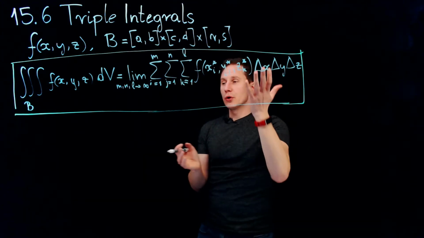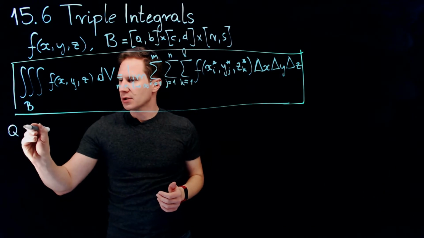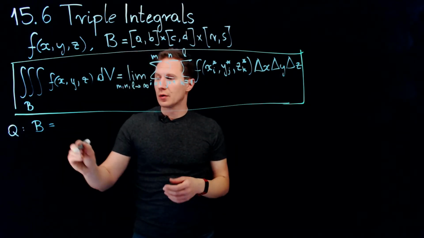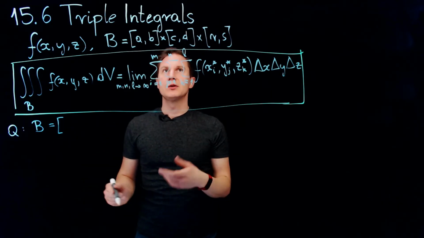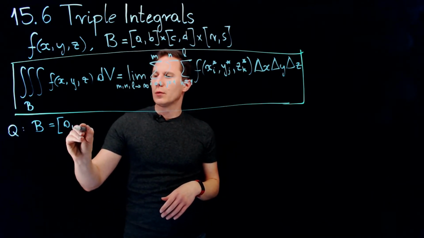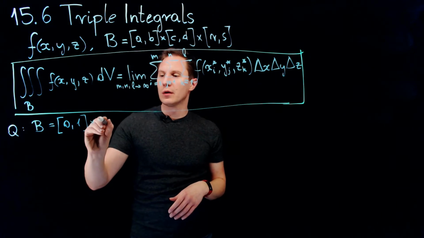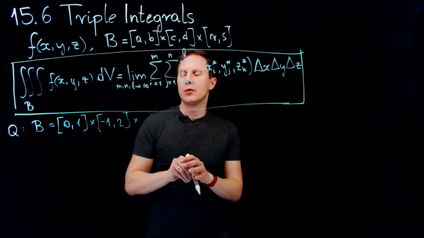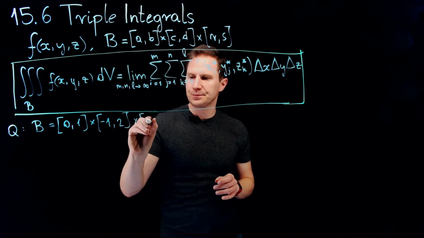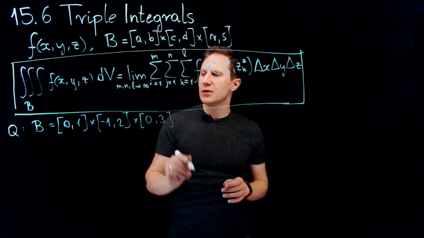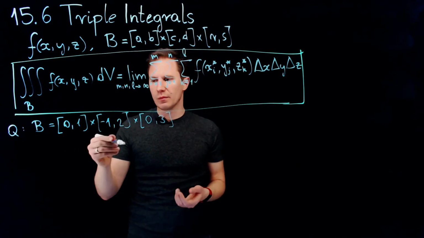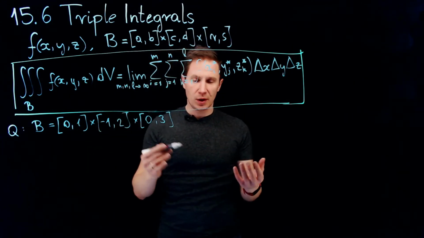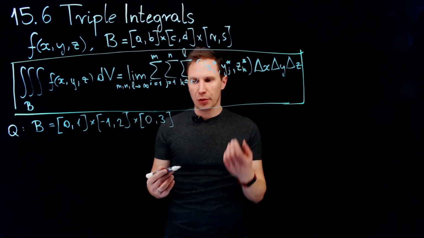And to show you an example, let me ask you a question. So let B, this rectangular box, be the Cartesian product of the intervals 0 to 1, minus 1 to 2, and 0 to 3. So this is our region in 3D space, x changing between 0 and 1, y changing between minus 1 and 2, and z changing between 0 and 3.